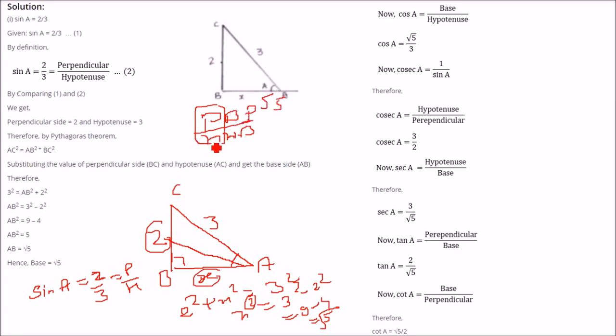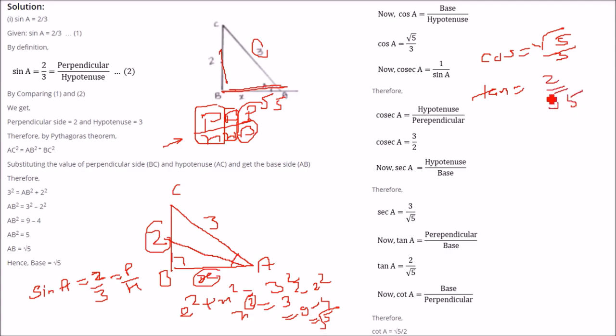Now let us take one by one. Sin is already given. Cos is base upon hypotenuse. So cos will be, base is what? This one, root 5, and hypotenuse is 3. This is cos. And then tan. Tan is perpendicular by base. So perpendicular is 2 and base is root 5. It is 2 by root 5. Okay.